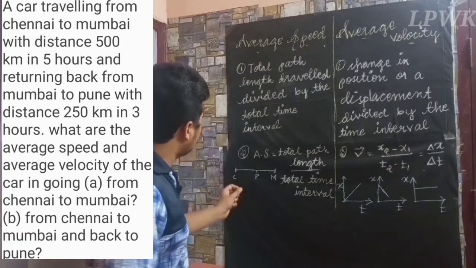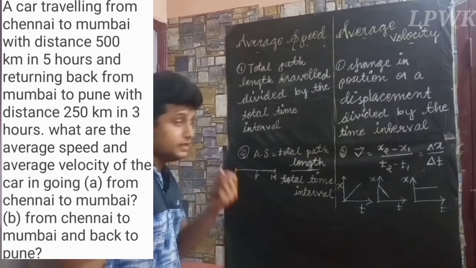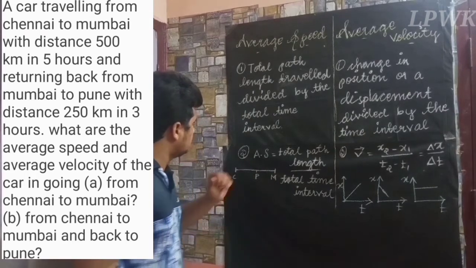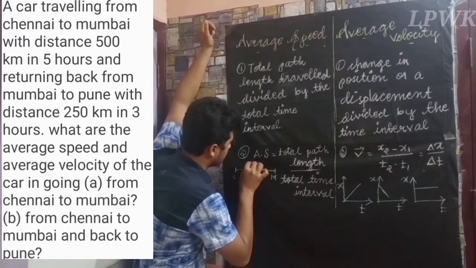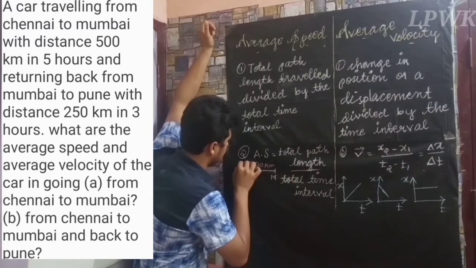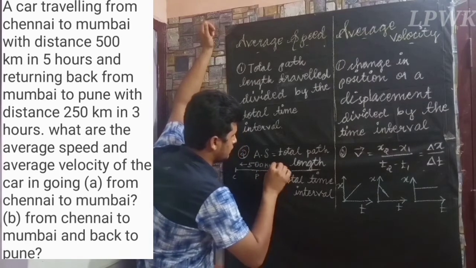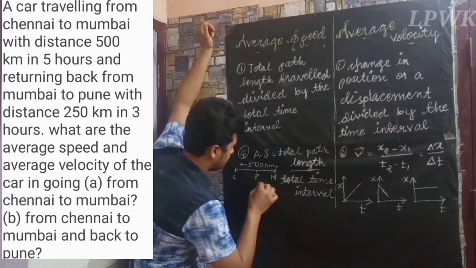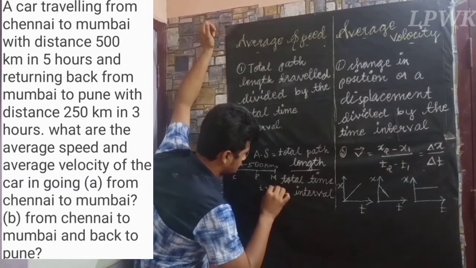They have given the distance between Chennai and Mumbai, which is 500 kilometer, and the time is 5 hours.